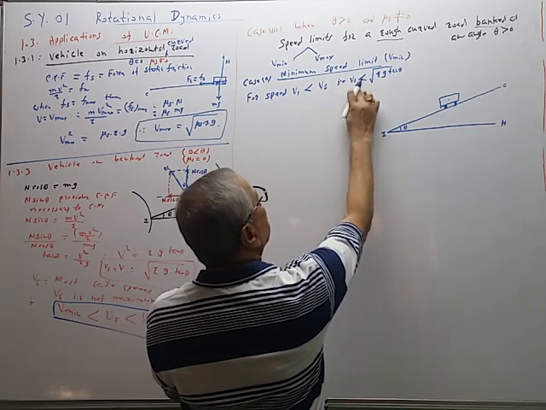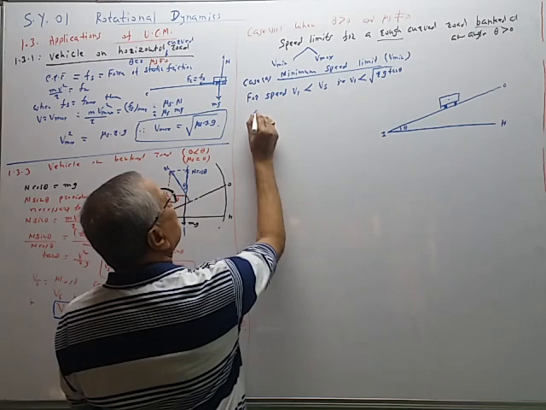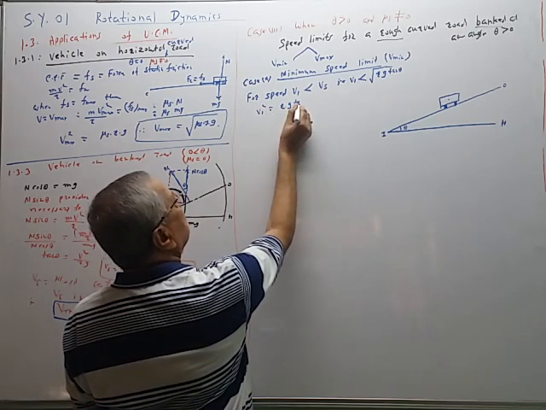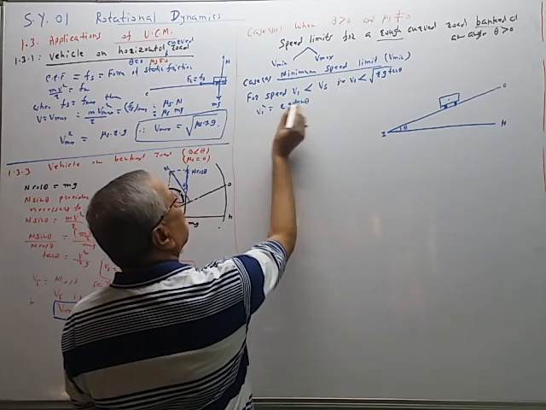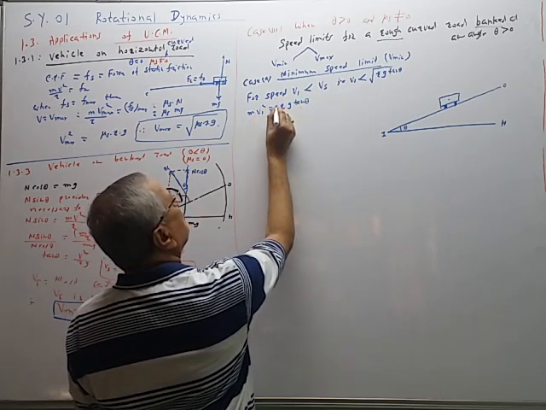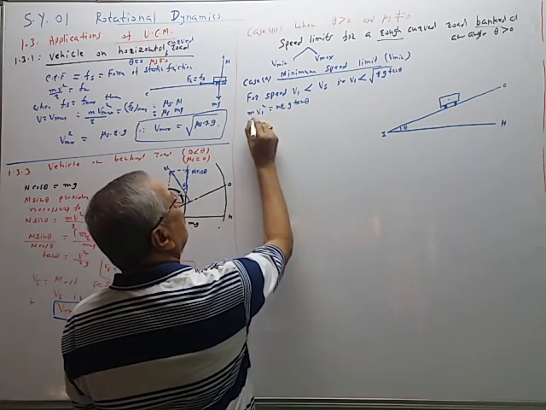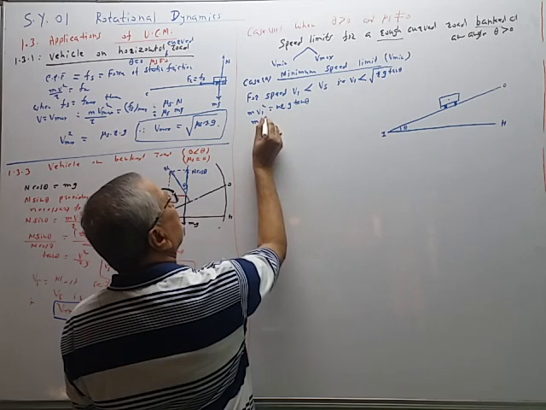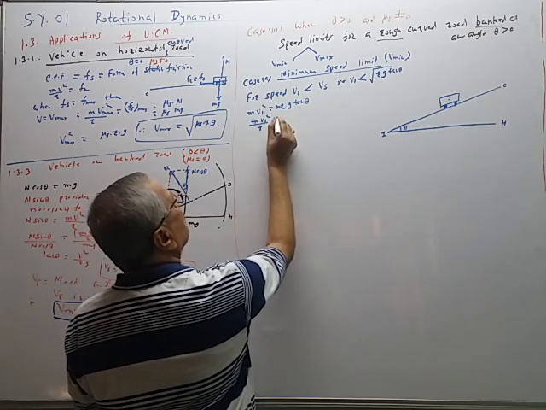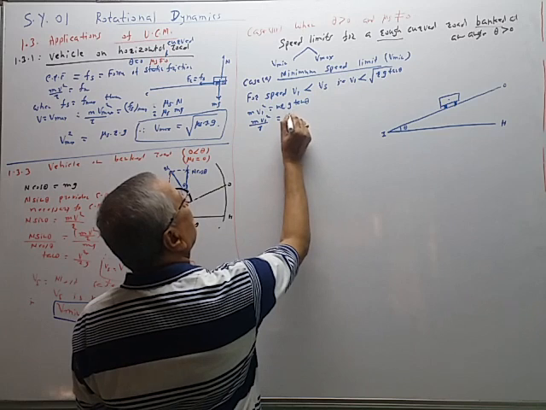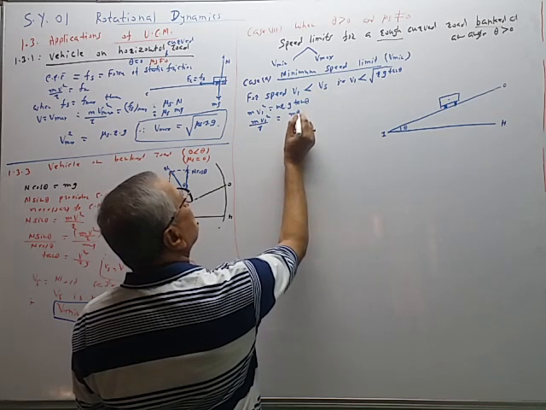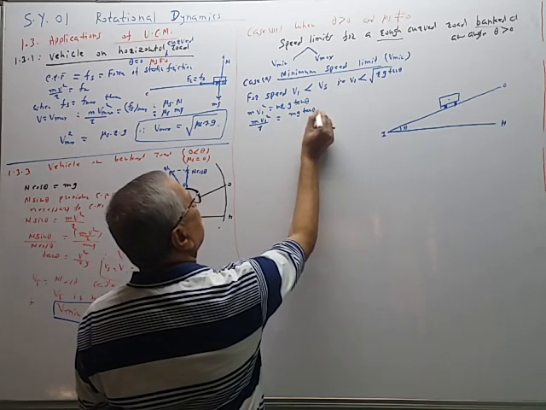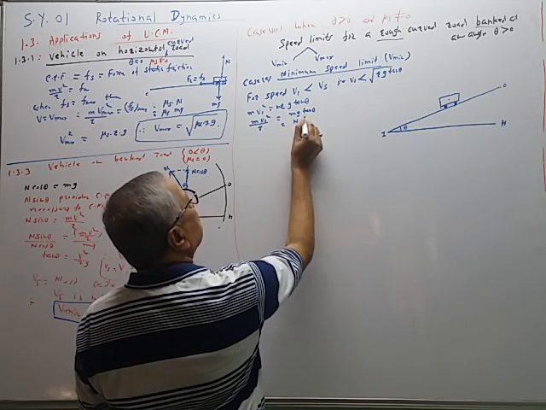So better, I will simplify this equation like this. So V1 square is less than Rg tan theta. Multiply both sides by m. This R is taken on this side. So m V1 square upon R is less than m g tan theta, and this mg is nothing but N cos theta.